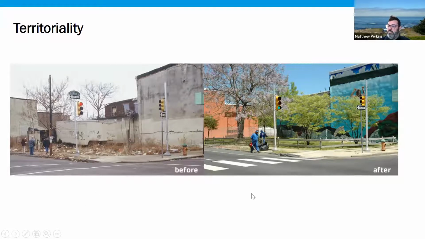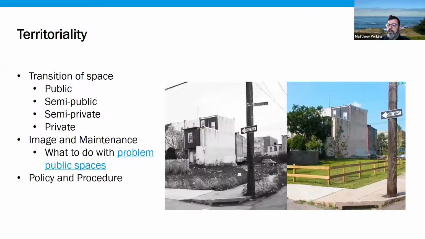And again, this fence is not keeping any able-bodied person out, but it does send the message that these spaces are not open access. They're there for people to use, but it's a semi-private place. And really territoriality in the transition of space, we're talking about public areas like streets and sidewalks, semi-public, so the area between the sidewalk and this fence, for example, in the picture on the right.